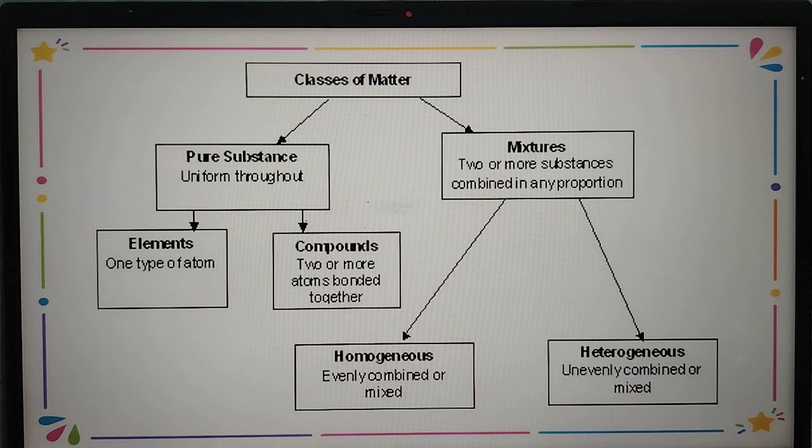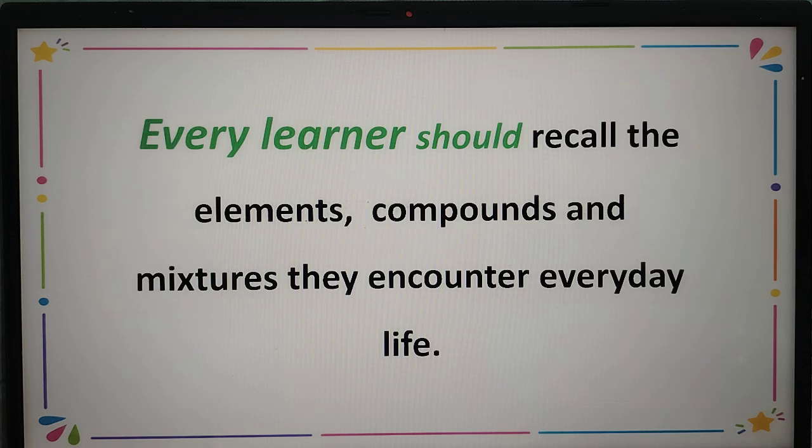Those are examples of compounds. For mixtures, we have halo-halo, and it can either be homogeneous or heterogeneous. Homogeneous, for example, is the milk of the kids. For heterogeneous, we have the halo-halo that vendors sell on the street or at the store.